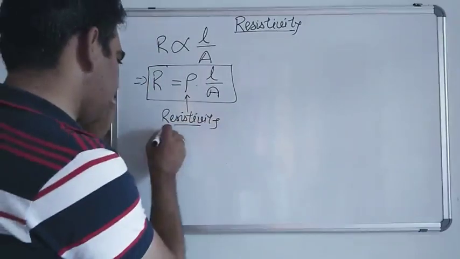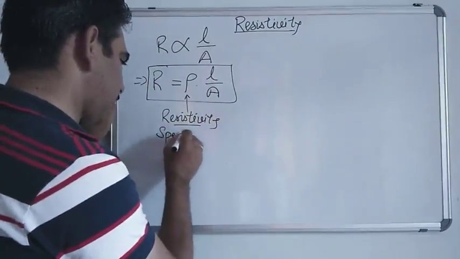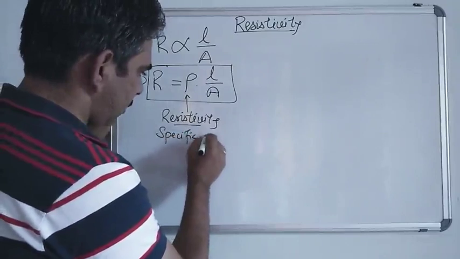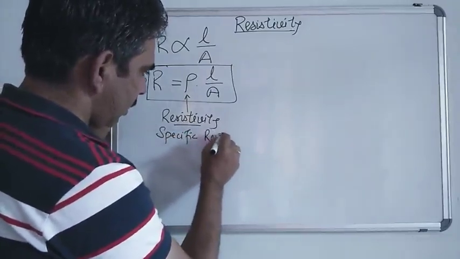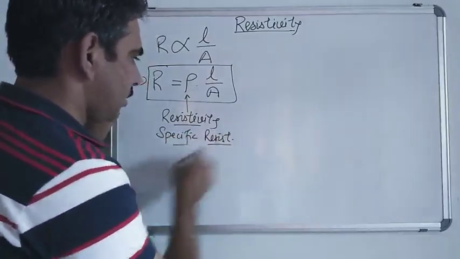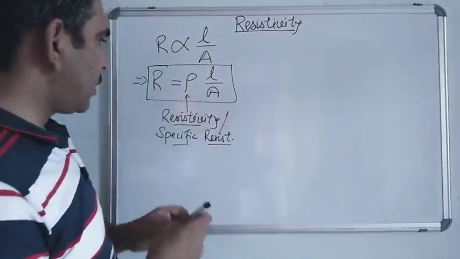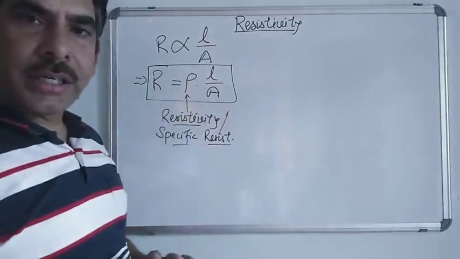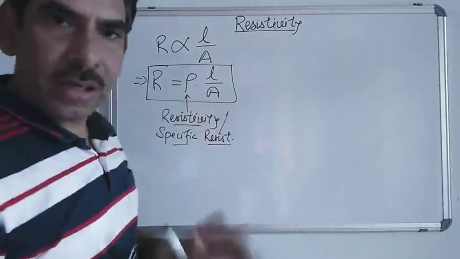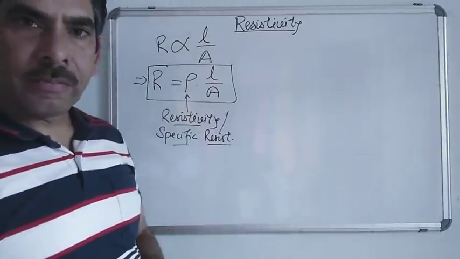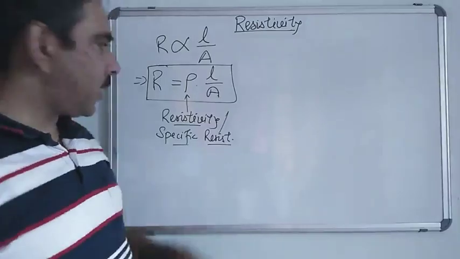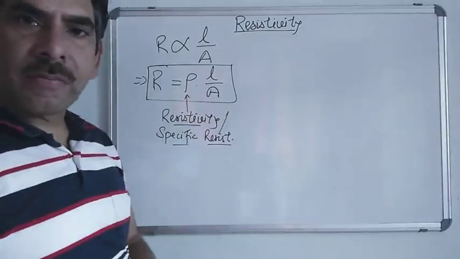It is also called the specific resistance, right? So this is the specific resistance or resistivity of a conductor, and it is constant for a given conductor material. A conductor may be of any dimension, but its resistivity is the same.